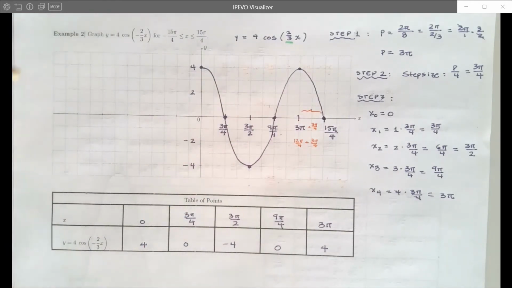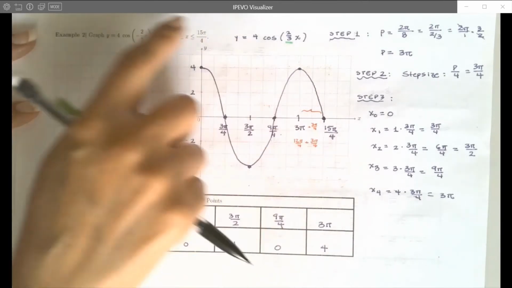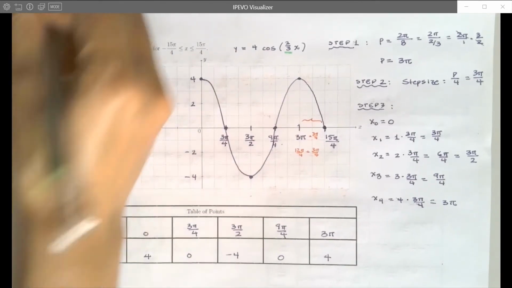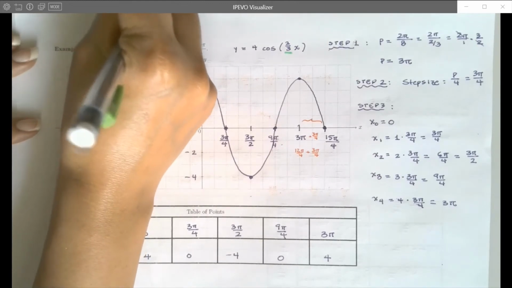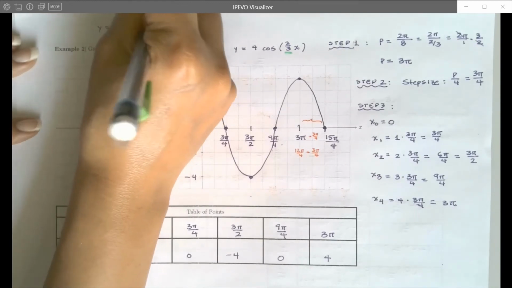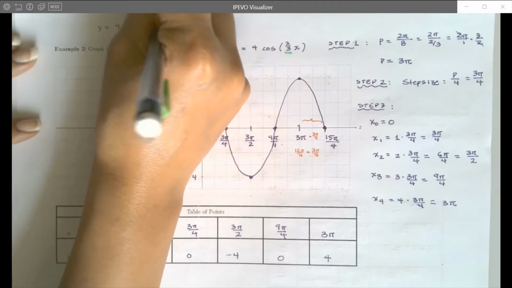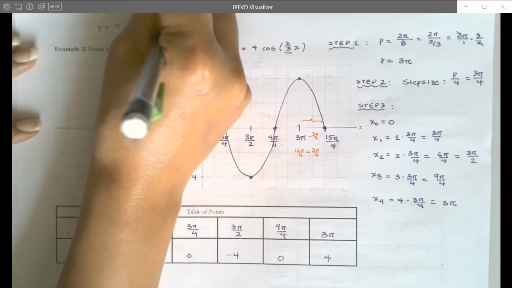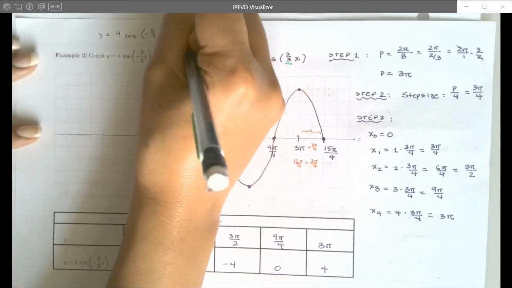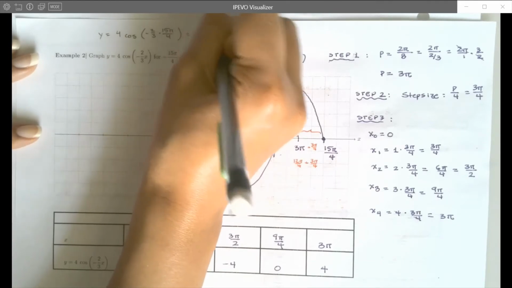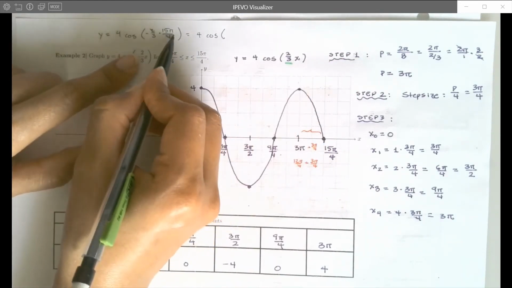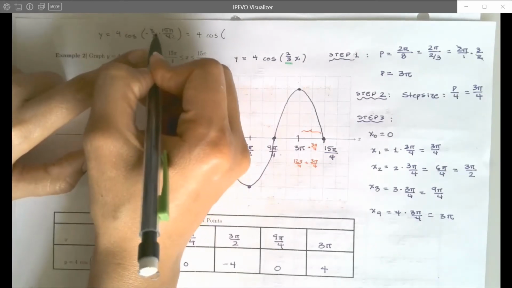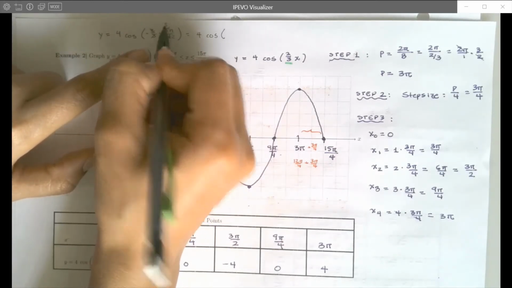But if we plug that into this equation, we're going to get y equals 4 times cosine of -2/3 times 15π/4. And that's going to be 4 times cosine of... the 2 and the 4 are going to simplify to a 2, the 3 and the 15 are going to simplify to a 5.